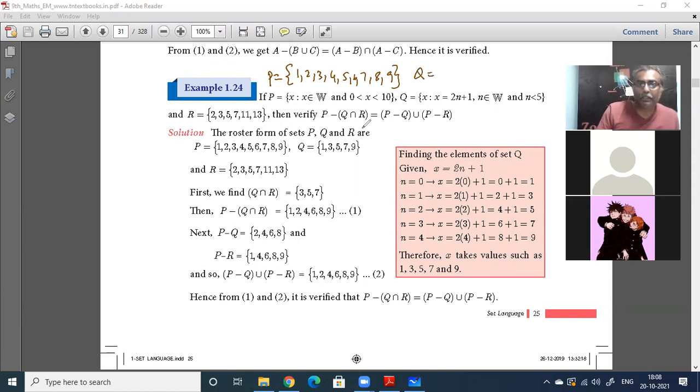Q is also given in set builder notation. Q is the set of members X such that X is equal to 2n plus 1, where n is a whole number and n is less than 5. So what is n here? What are all the values of n? N is a whole number. Arpana, can you tell me?